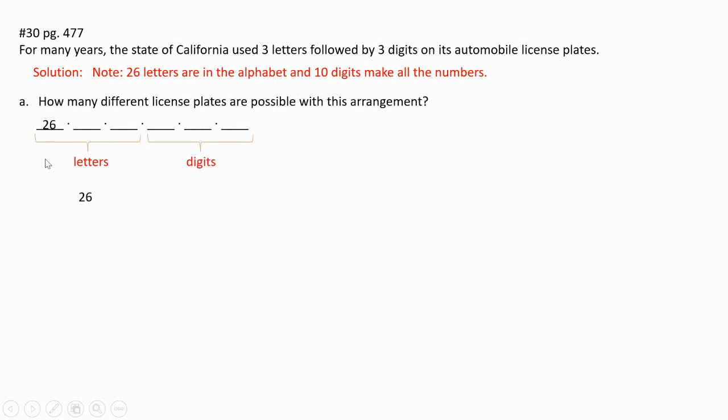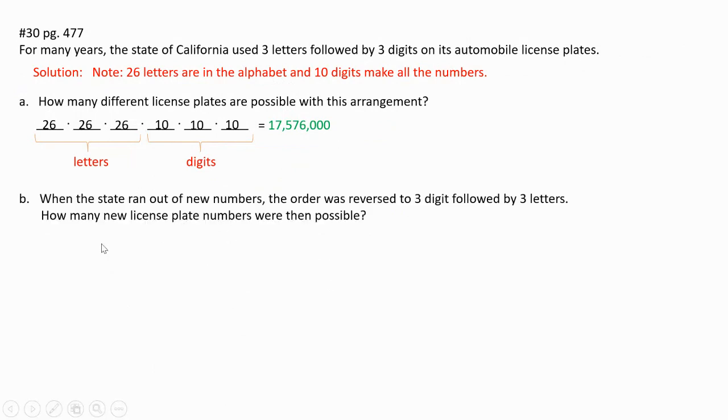So how many letters are there? 26, 26, 26, because there's no restrictions. And it'll be 10, 10, 10. Multiply them out. So we get something like 17,576,000 possible arrangements.